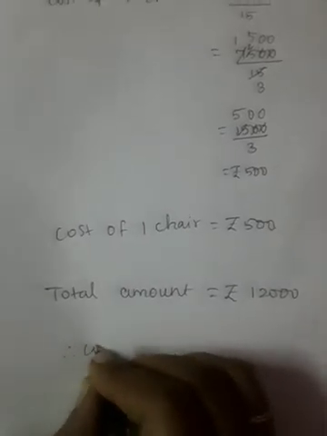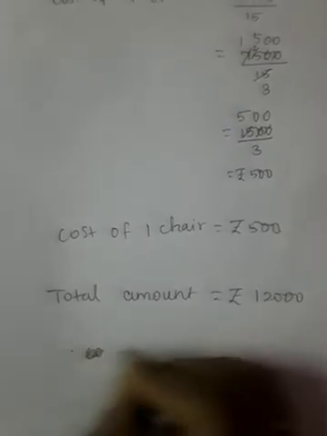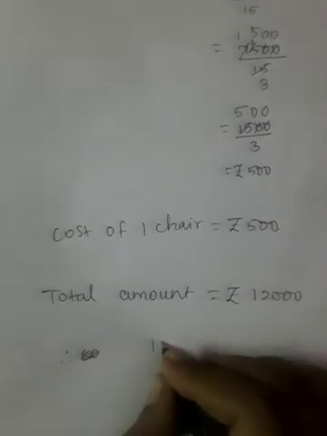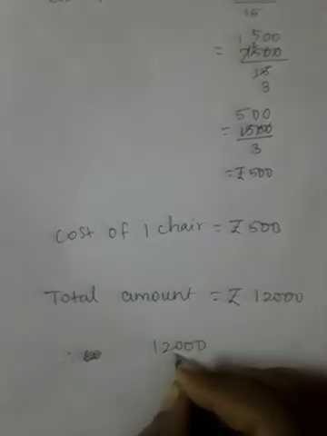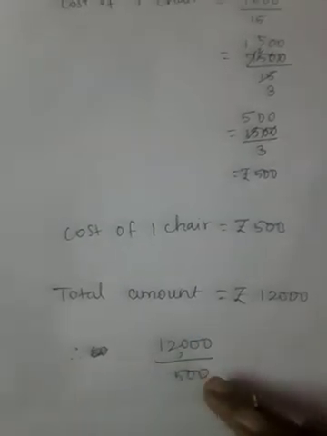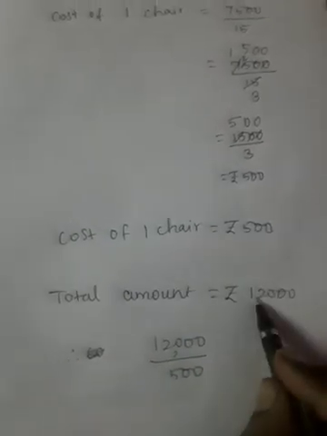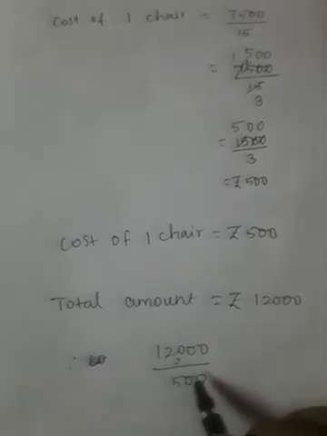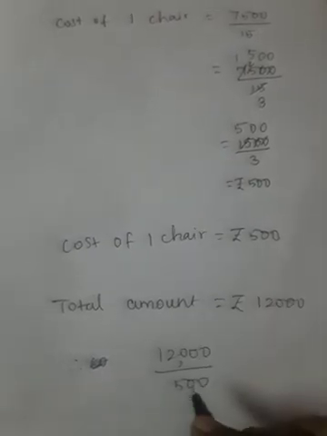Total amount is 12,000, right? If the cost of one chair is 500, you just divide it. So 12,000 is the total amount, divided by 500, the cost of one chair.